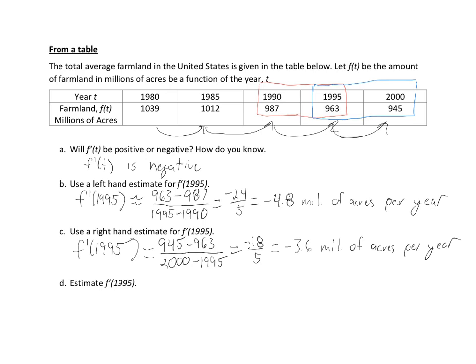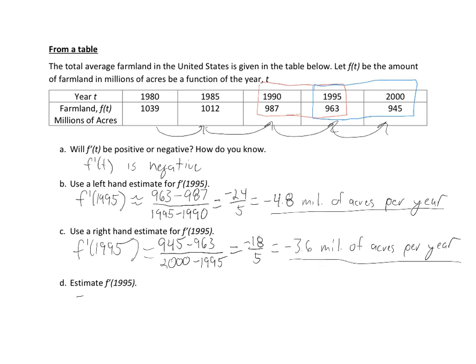Okay, and so what we're trying to do is actually estimate the exact rate of change in 1995. Well, this negative 4.8 million, that's the rate of change leading up to it. This negative 3.6 is after it. So I would estimate that it's somewhere in between those two.